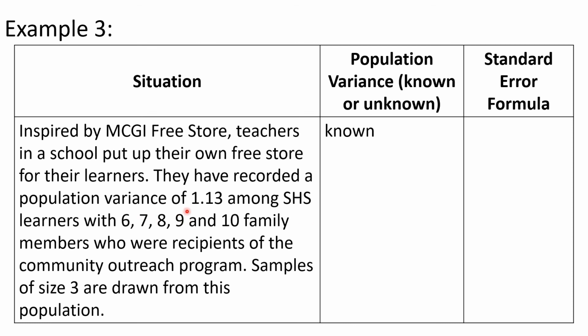The population variance in this problem is identified. Population variance is 1.13, so that is known. And if the population variance is known, then the standard error formula is the same as the population standard deviation, which is sigma sub x bar equals sigma over square root of n.